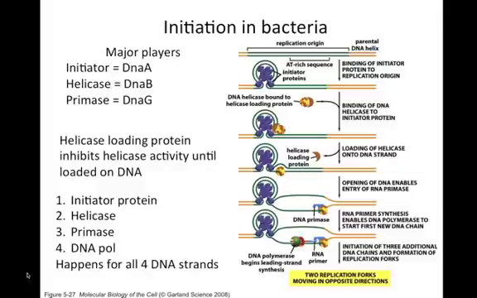No. Well, no. So you have to think to yourself, what does topoisomerase do? Right? So it relieves torsional stress that comes from opening the double helix. So the double helix needs to be open first in order to need to relieve stress. Otherwise, there's no reason to need it.